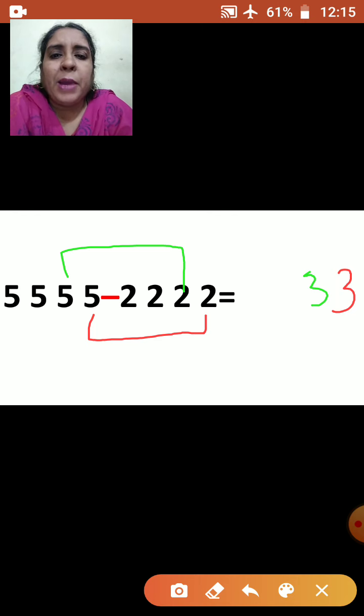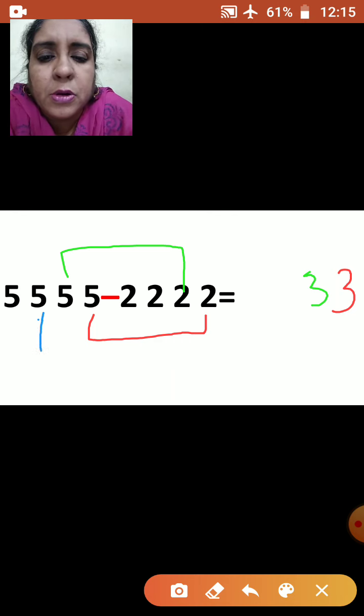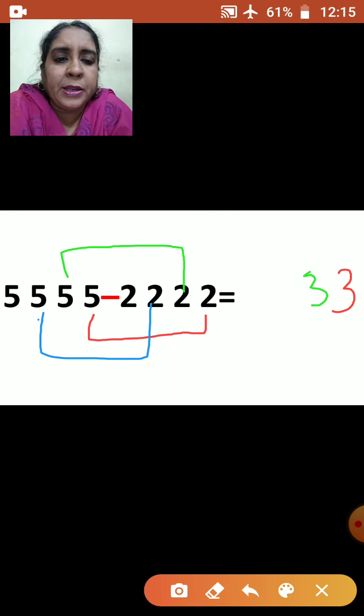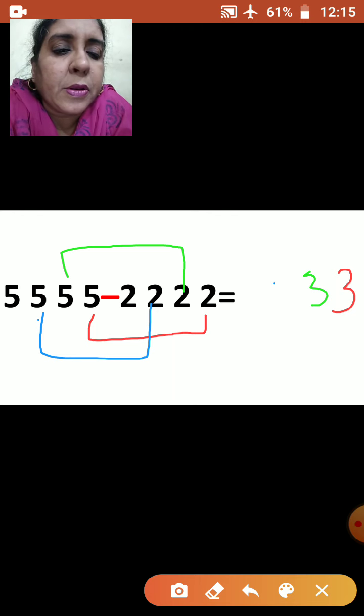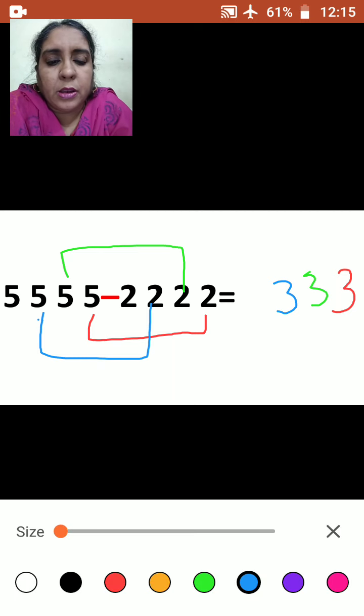You have to minus units with units, tens with tens, hundreds with hundreds, and thousands with thousands, right? Now we will do hundreds place. So again 5 minus 2. How much will you get? Again you will get 3, right?